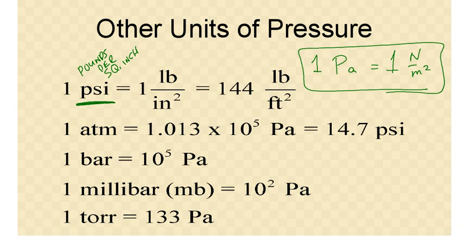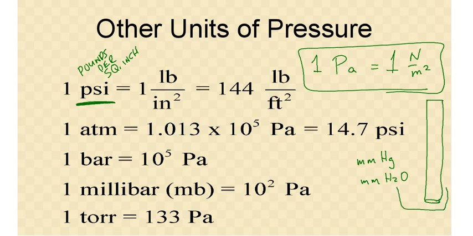The weather people, for example, used to measure in millimeters of mercury or millimeters of water, right? They had a tube, and they would fill it up with water and then turn it upside down and put it into a bowl of the same liquid, and that liquid would fill the column up to some height, right?